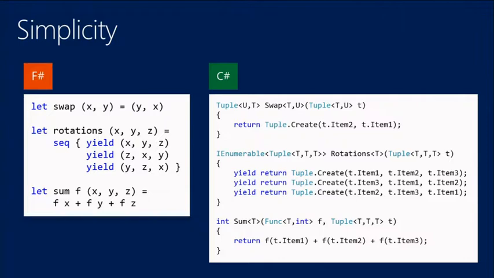F# has a very rich type inference system, much richer than, say, C# var. How many people use C# var? How many people really dislike C# var? Okay, there's always a couple, right? F# takes that sort of type inference to a whole other dimension.